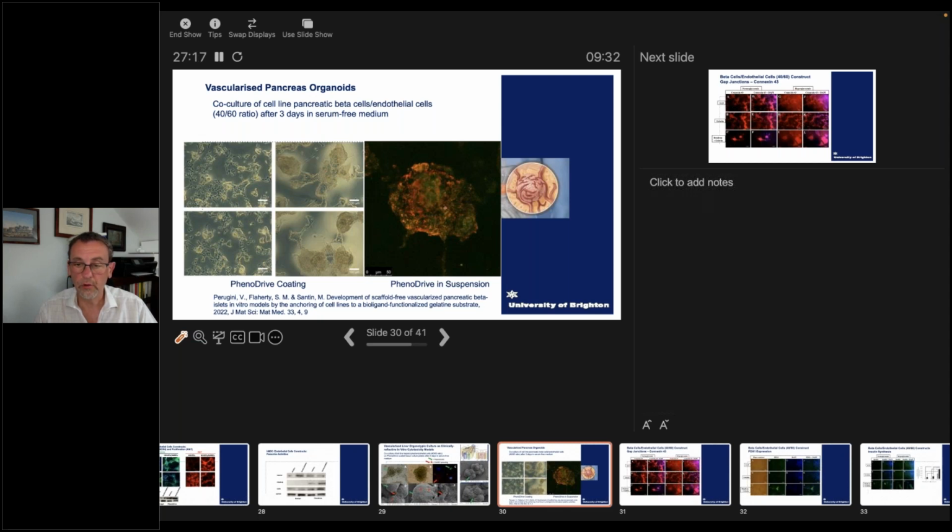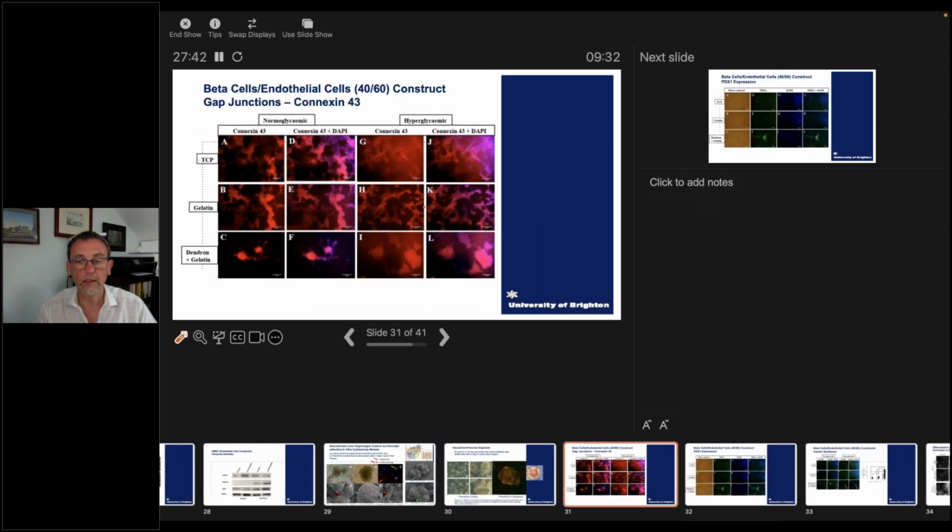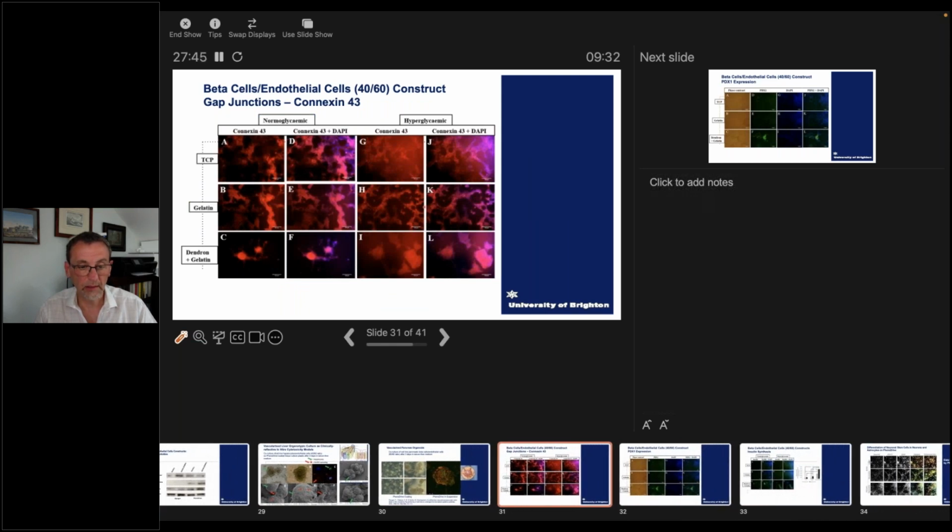The cells can form, as you can see on the right-hand side, very beautiful structures, whereby the green staining cells are the ones positive to markers of beta cells, whereas the endothelial cells here again were forming angiogenic sprouting in a 3D space. More interestingly, we did a characterization of connexin 43 again, as you have seen before, in different normoglycemic and hyperglycemic conditions.